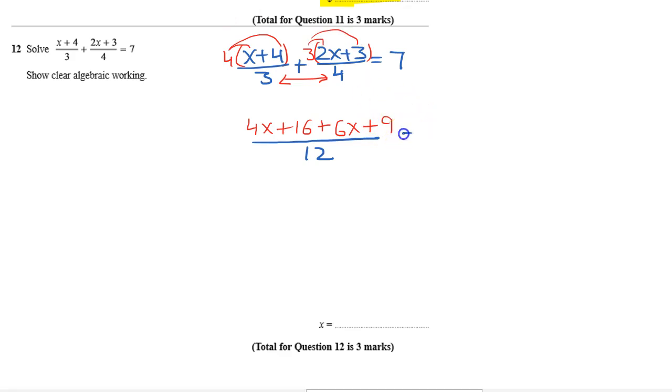So that will equal 7. So 4x plus 6x is 10x, and 16 plus 9 is 25, equal to this.